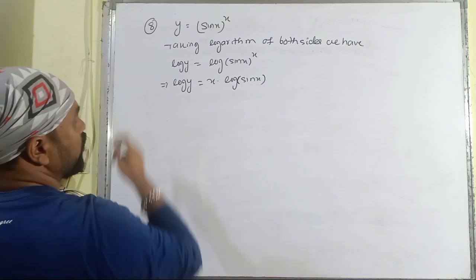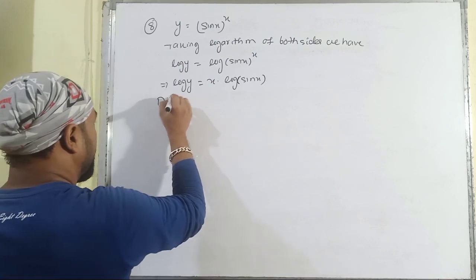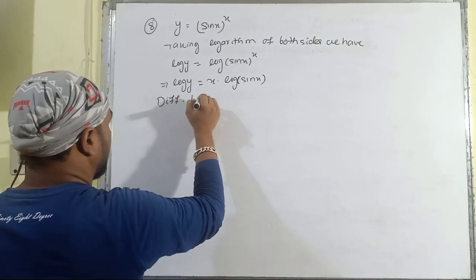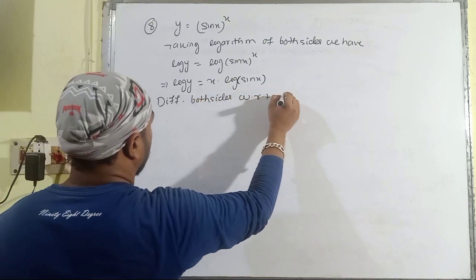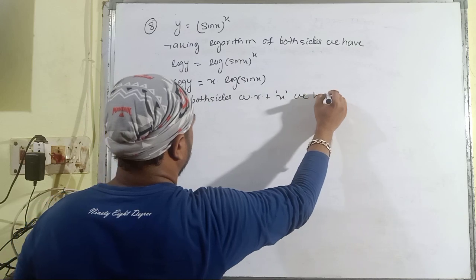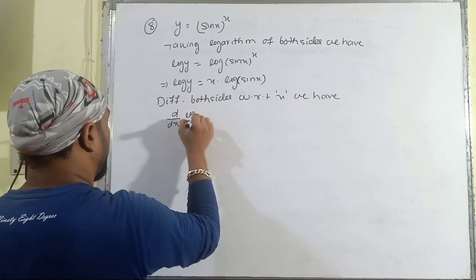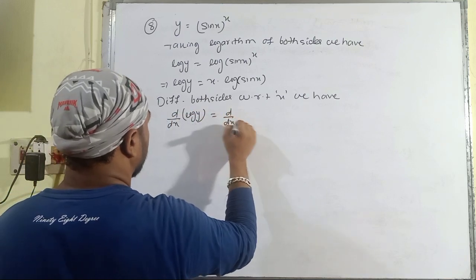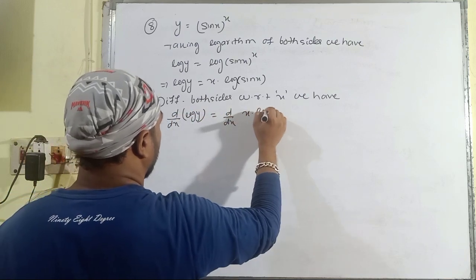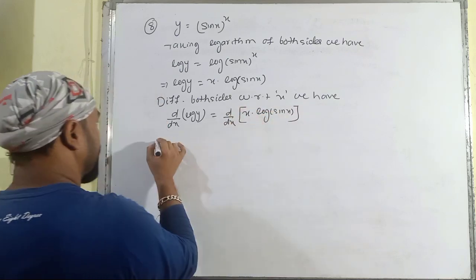Then just we have to differentiate both sides with respect to the variable x. Differentiating both sides with respect to x, we have it is differentiation of log y with respect to x, and in the right hand side it is differentiation of x multiplied with log sin x with respect to x.